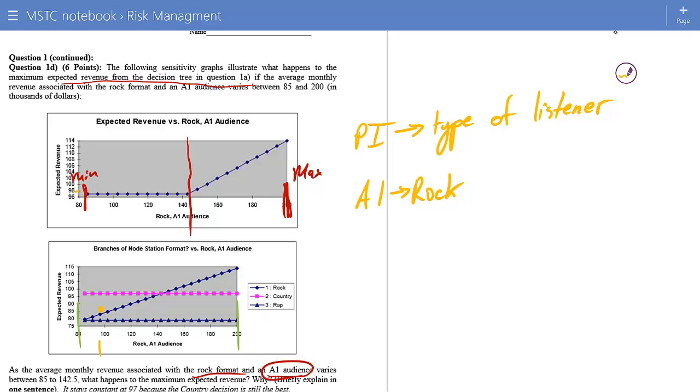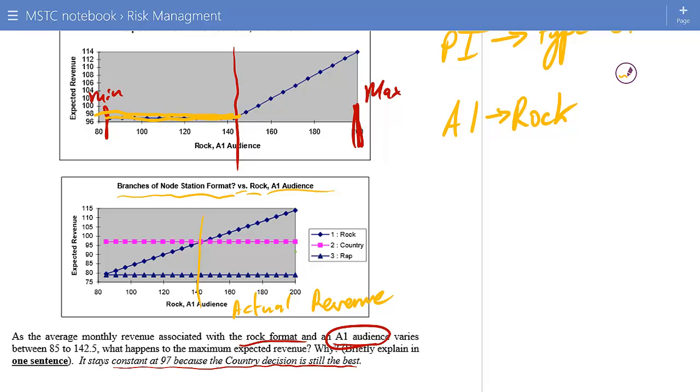So looking at what he's talking about in this next question, which is 1D: as the average monthly revenue associated with the rock format and an A1 audience varies between 85 and 142.5, what happens to the maximum expected revenue?